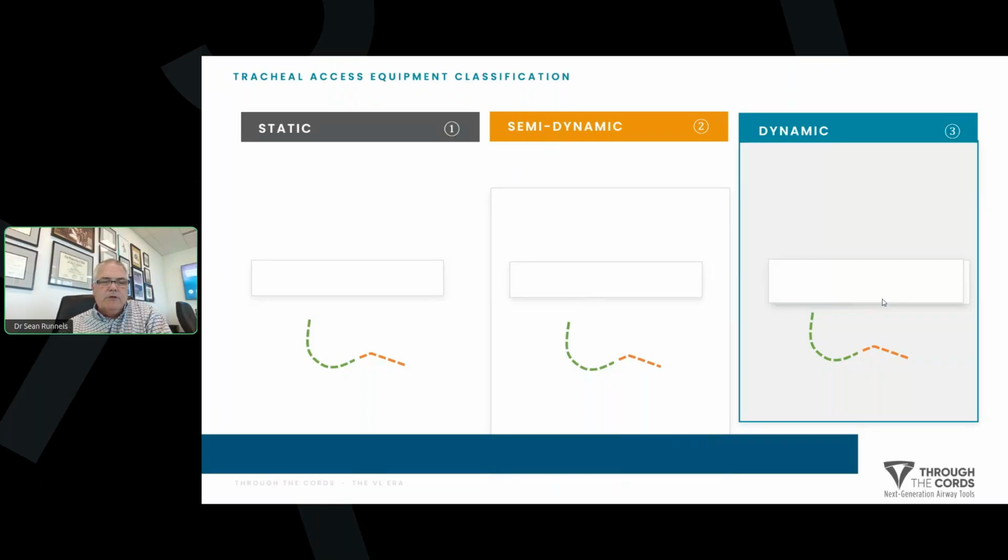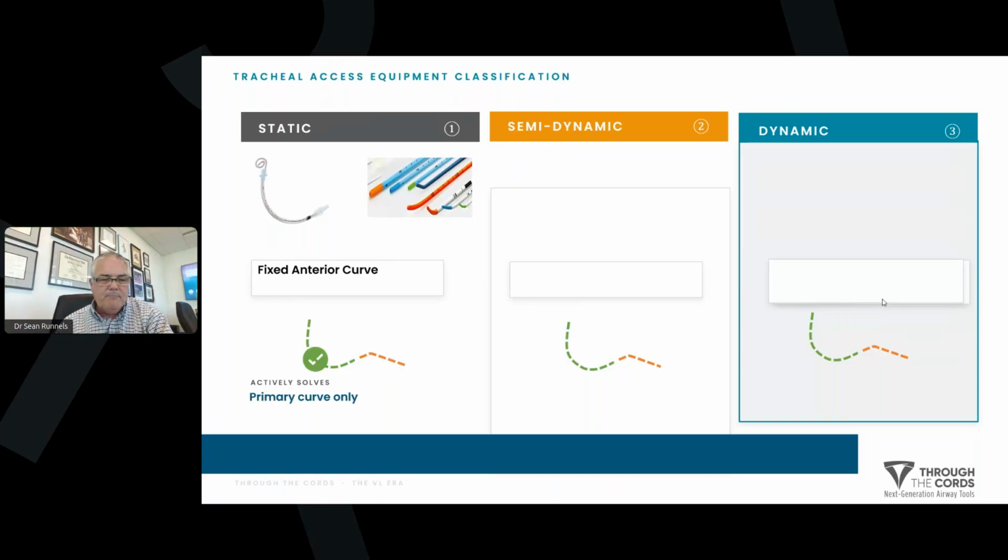So what does that mean for force? Static equipment has a preset anterior curve. These are malleable bougies, rigid stylets, malleable stylets. They have a fixed anterior curve. Think of a snake with a fully fused spine.